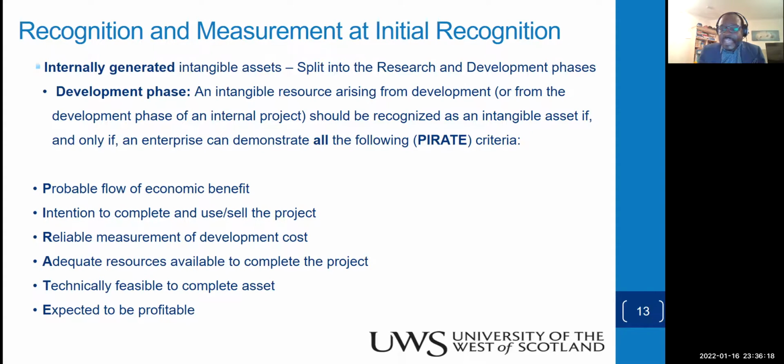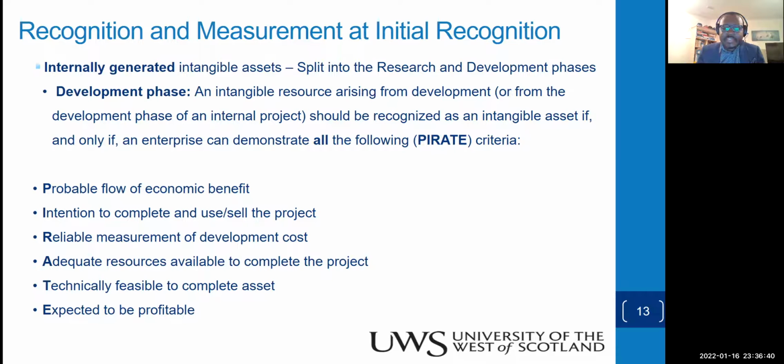And A, initially, used to be the ability to complete the development, but here A is actually adequate resources available to complete the project. And T has always been the same: is it technically feasible for us to complete the development of this asset?